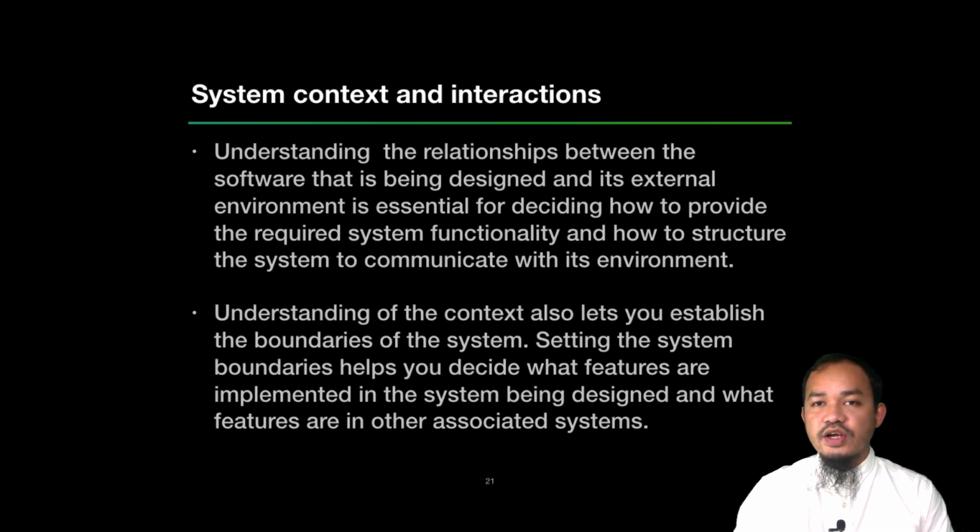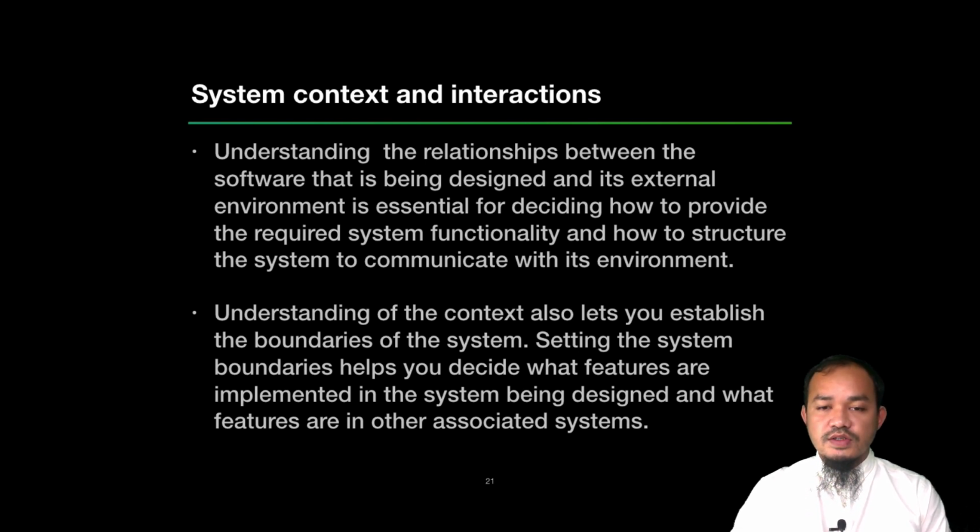System context and interaction. The main point of system context and interaction is to understand the relationship and the behavior of the environment around the system itself, because a system does not operate by itself, but depends on some other systems.